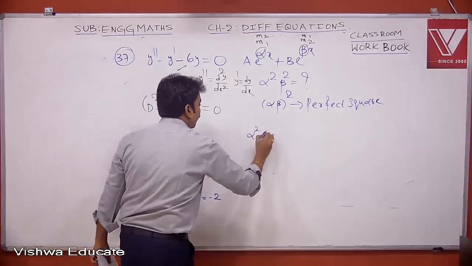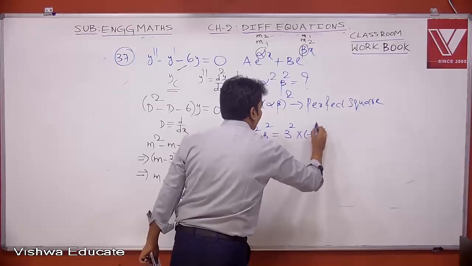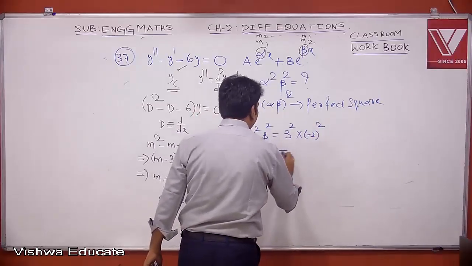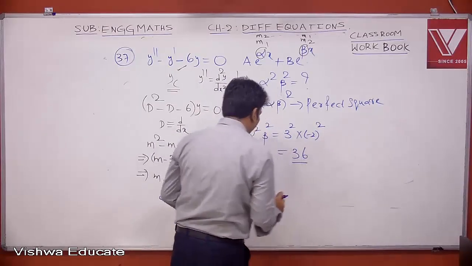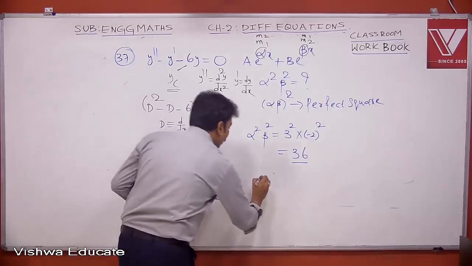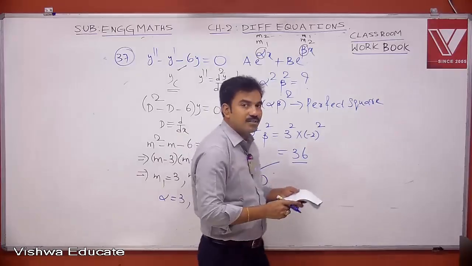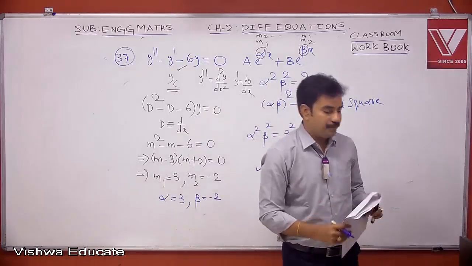Therefore alpha square into beta square equal to 3 square into minus 2 whole square. So 9 into 4, this is 36. So therefore in this case alpha square beta square is 36. So option D is the right answer. Option D is the right answer. Note this.